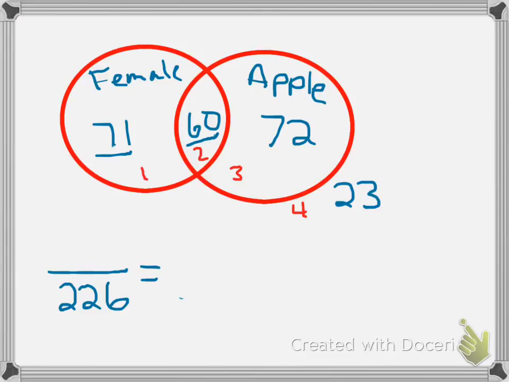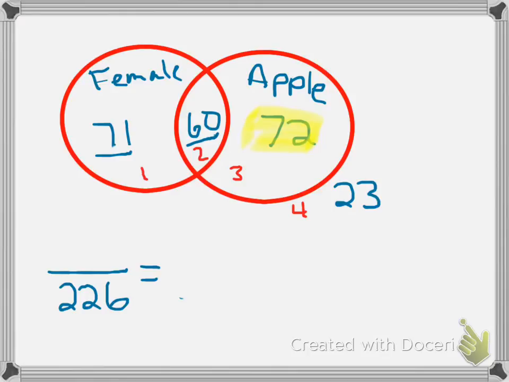Our next question is, what is the probability that a randomly selected survey participant was male and owned an Apple product? For this particular one, we want to look at the males, which would either be our 72 or our 23. And since we want them to be male and own an Apple product, 72 is going to be the number we're looking for. So we'll go back to our fraction.